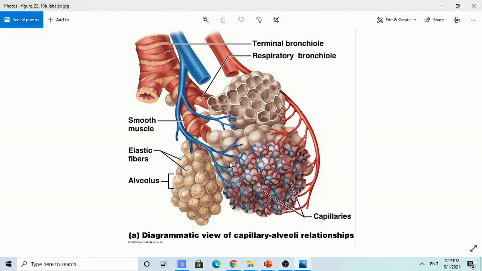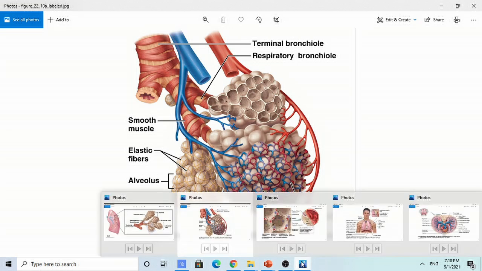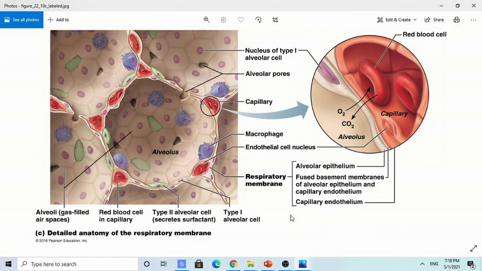So if we take a closer look at the alveoli and the capillary, we can see that the alveolus is a hollow organ or balloon-like structure with a very thin wall, actually composed of a single layer of cells, and those cells are type 1 alveolar cells and type 2 alveolar cells.